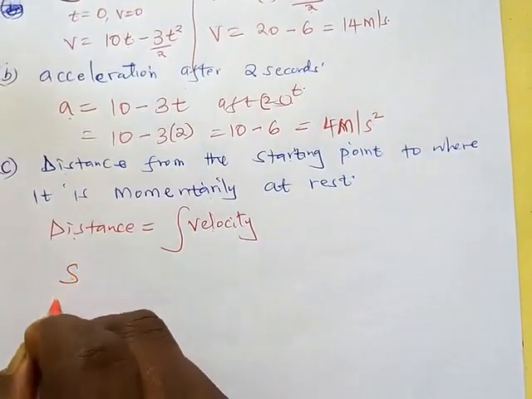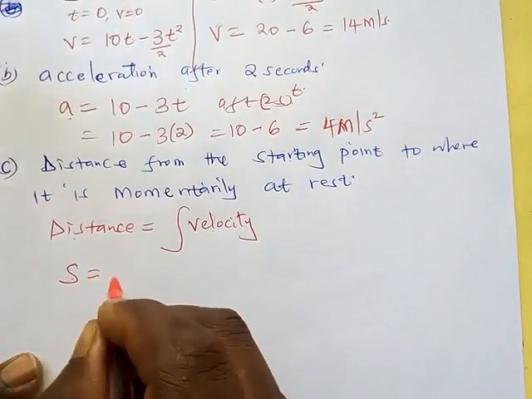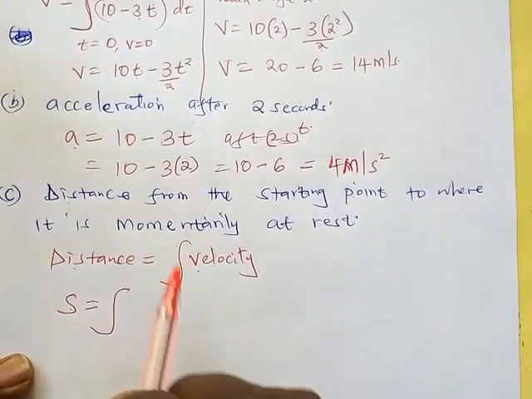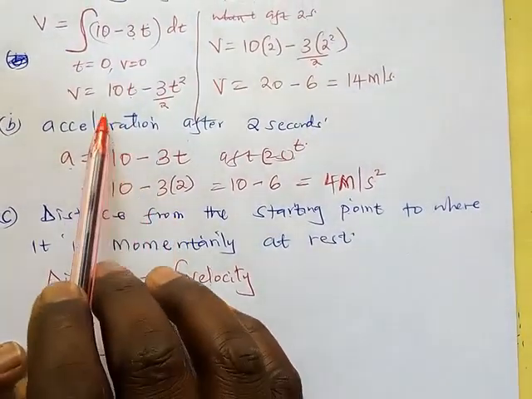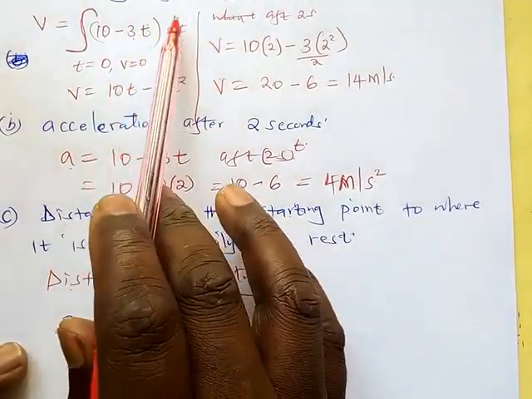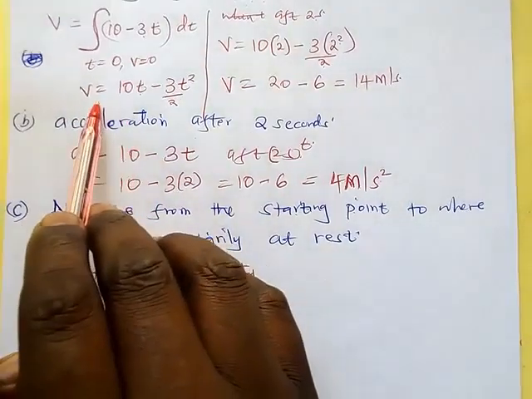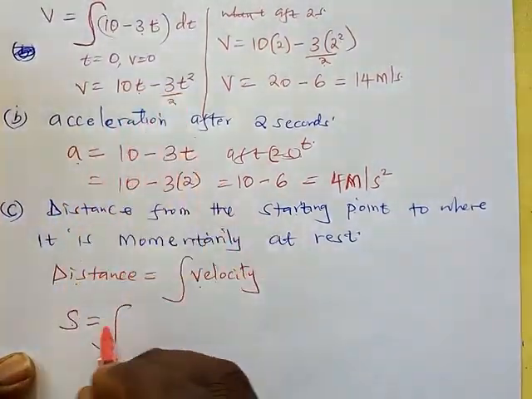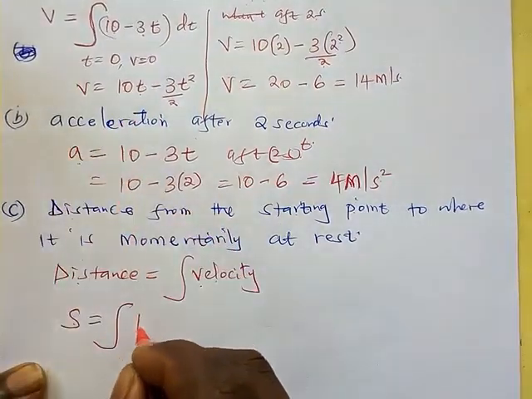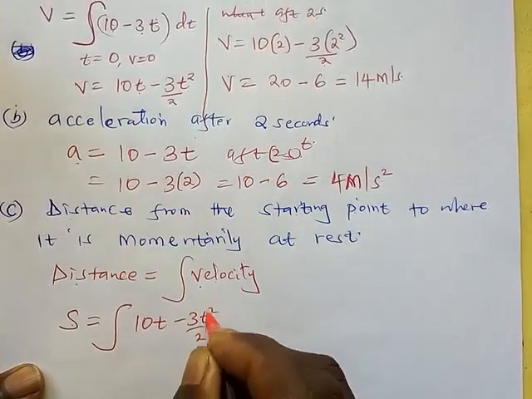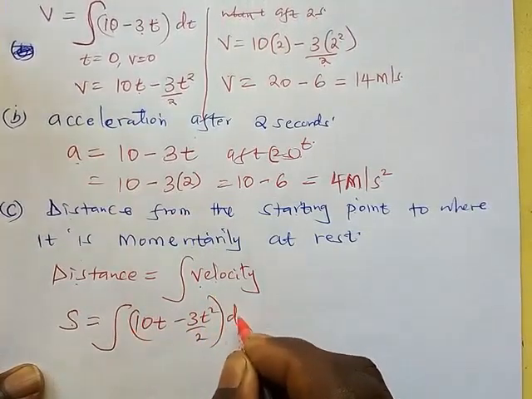We usually use s standing for distance. So distance is equal to the integration of velocity, but do we have velocity? Yes, we have velocity. So we are integrating 10t minus 3t squared over 2, dt.